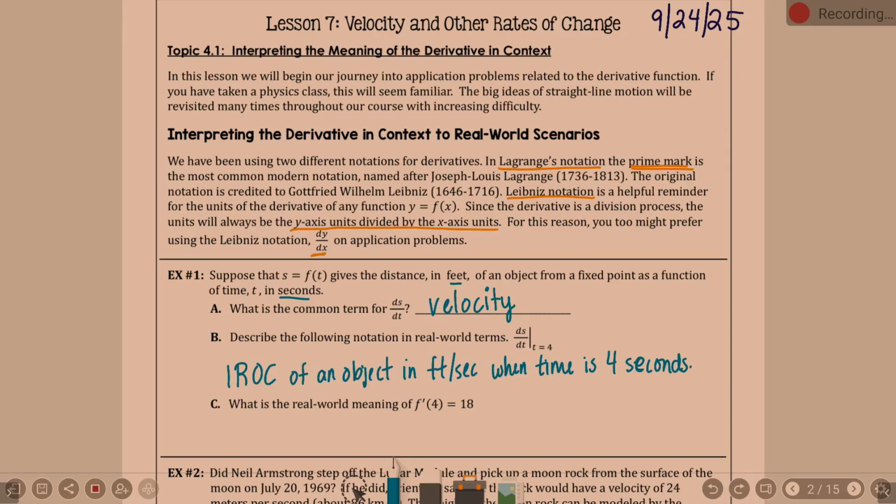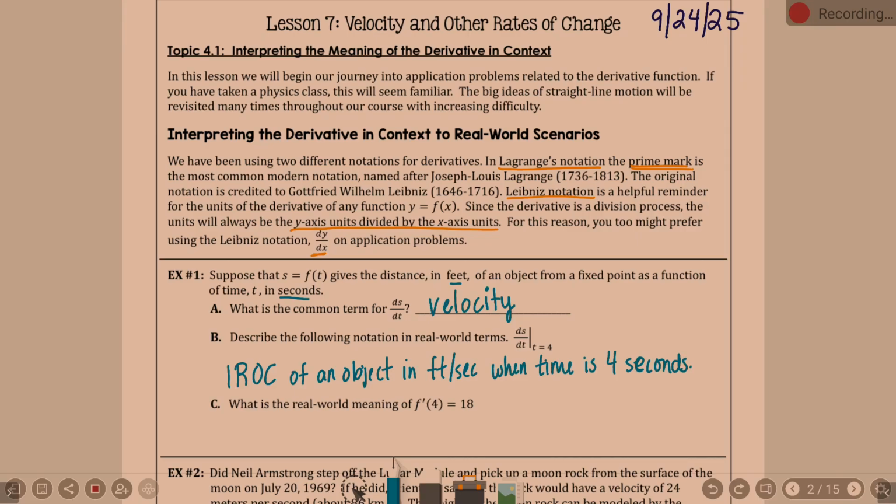Now, go one step farther. What is the real world meaning of f prime of 4 equals 18? At time 4 seconds, the IROC, or the velocity of an object, can be 18 feet per second. Exactly.